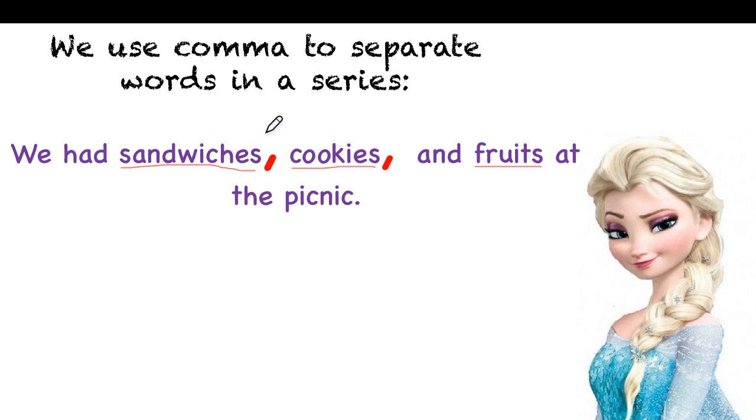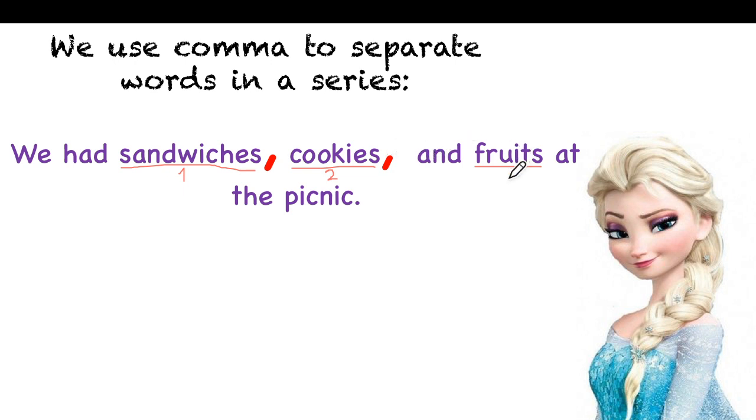Now, to separate the words in the series, we use comma. So this is the first word in the series, sandwiches. You need to put comma after sandwiches. This is the second word in the series, cookies. You need to put the comma after cookies.